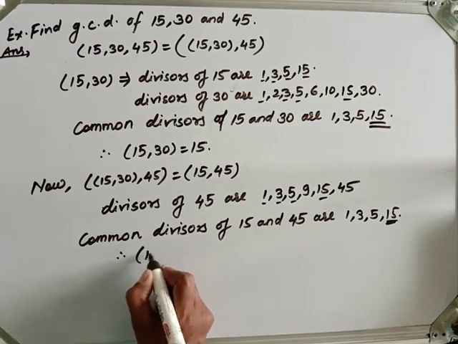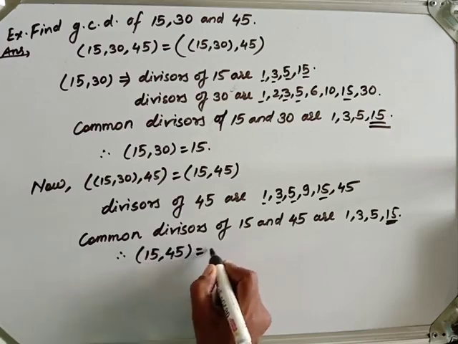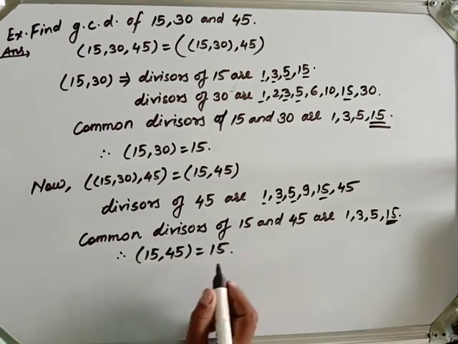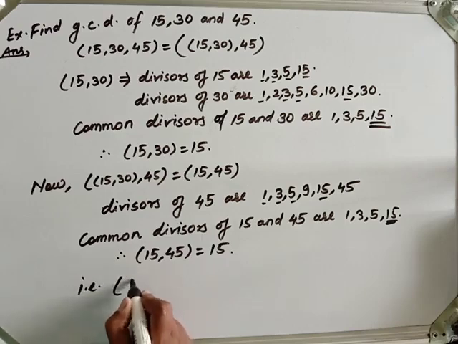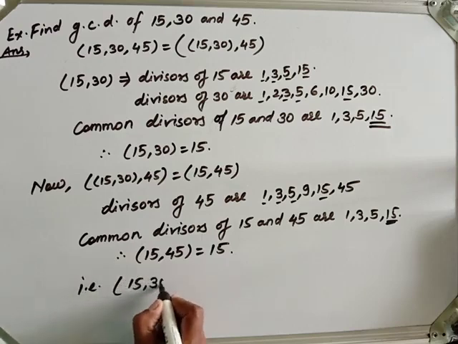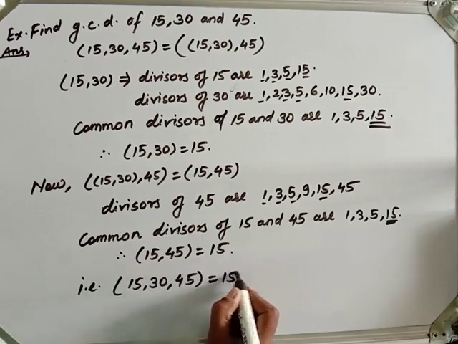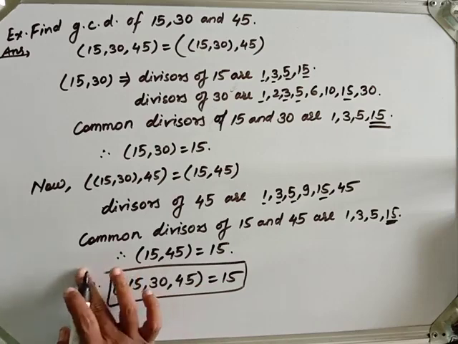Therefore, the GCD of 15 and 45 is 15. That is, the GCD of 15, 30, 45 is 15. This is our answer here.